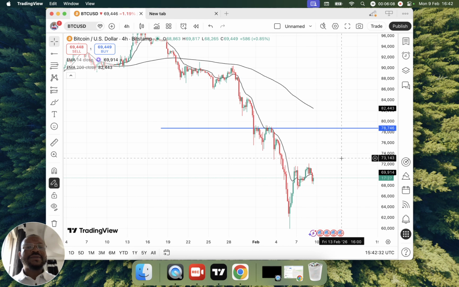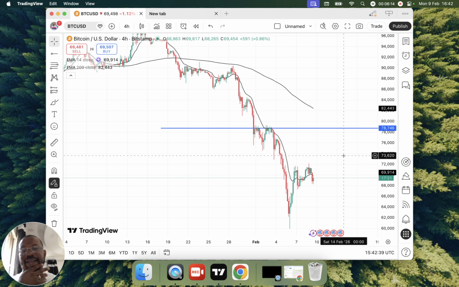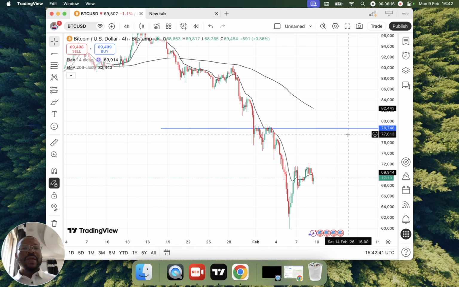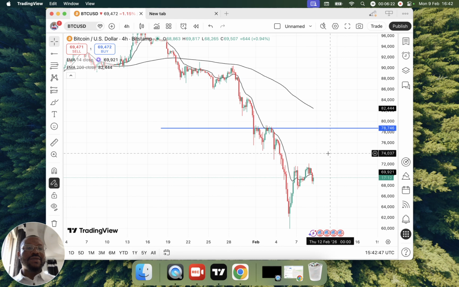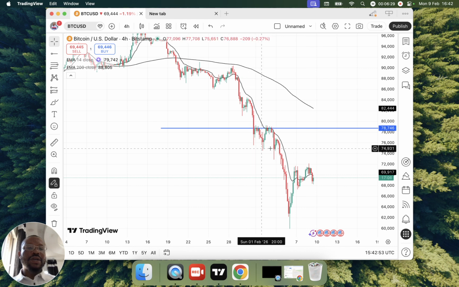As a matter of fact, there's something the market usually does. For instance, when the market wants to drop from here, you know what it will do? It will come to a level like this, maybe let's say the 74.8 area. You see that this area also is a resistance area.